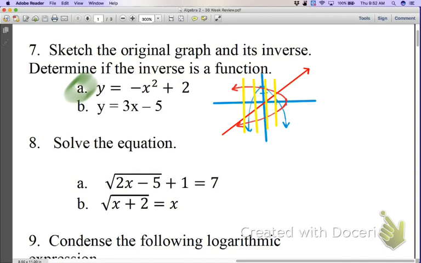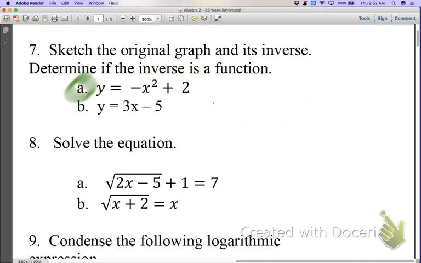So then, same way with the other one. 3x minus 5, so 1, 2, 3, 4, 5. Up 3 over 1.